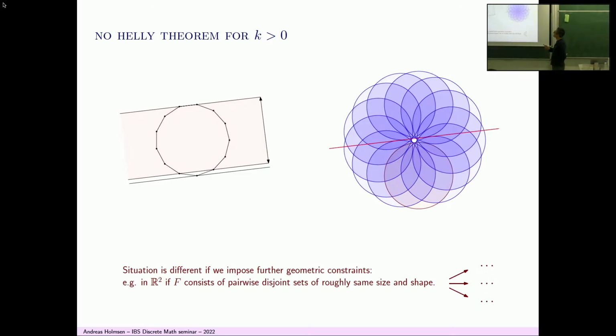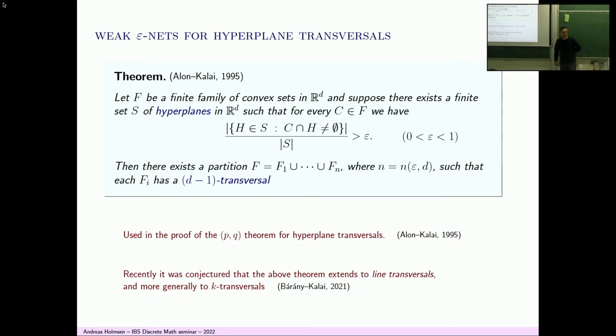I won't mention all of them, but I'll mention this result by Alon and Kalai, which is a weak epsilon net theorem for hyperplane transversals. Okay? You see, it's the same statement as before, except that I have a finite family of convex sets, and now suppose there's a finite set of hyperplanes, such that, on the top, for a given set C, I'm counting how many hyperplanes intersect that set C, and dividing by the number of hyperplanes.